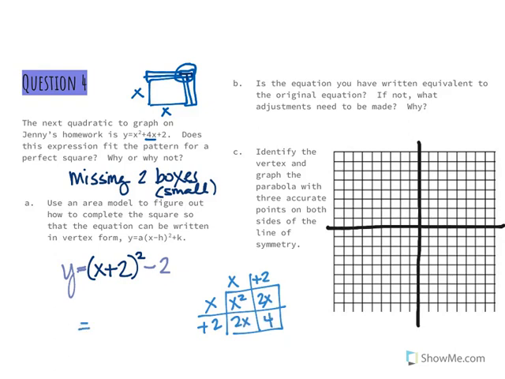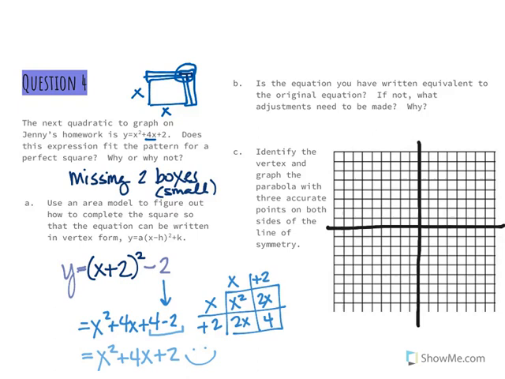So our equation becomes x squared plus 4x plus 4, and we're going to drop down that minus 2. Now when we subtract these 2's, we have x squared plus 4x, and subtract that 2 from 4, and we have plus 2. And now this is the same equation that we began with.